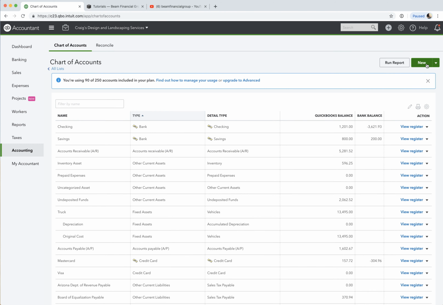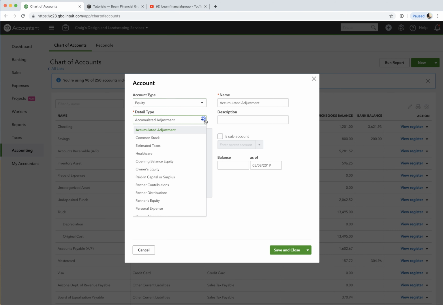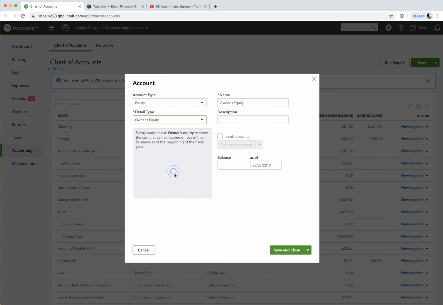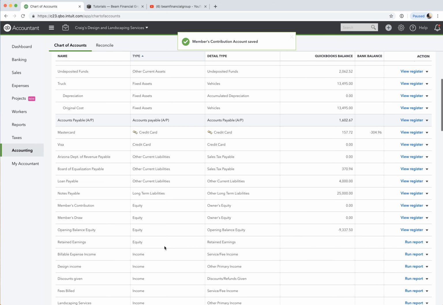So while I'm setting up this draw account, I would just go ahead and set that up so we have it. And same thing, owner's equity encompasses both of those types of transactions. And then remember that we're a member because we're an LLC. So I'll call it member's contribution or member's capital. So now those accounts are there.